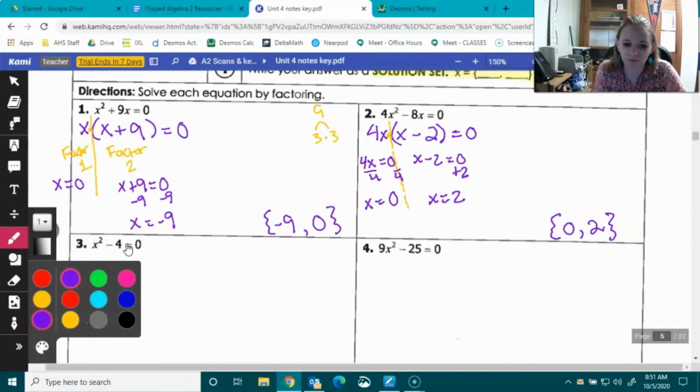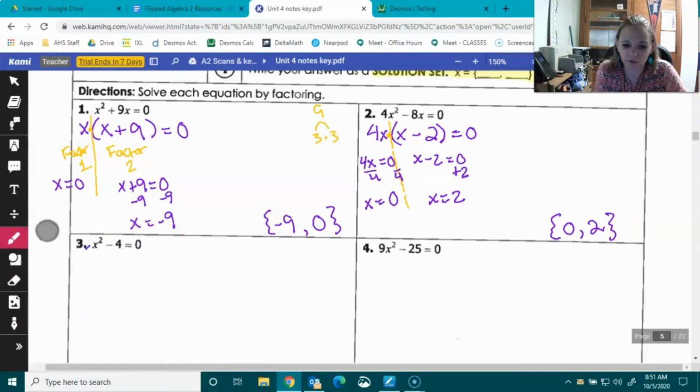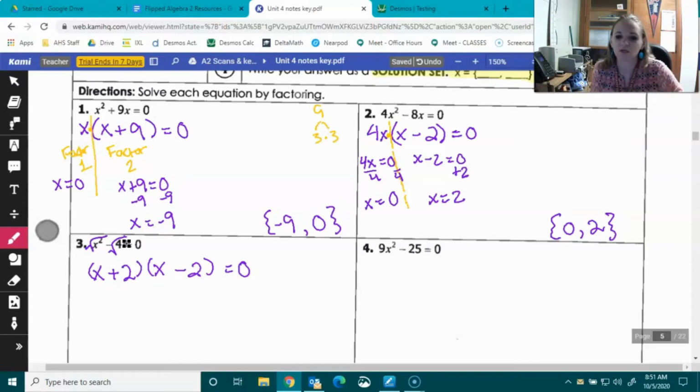So this one can be a square root, and this one can be a square root. So the two terms will be the square root of that variable, which is x, and then the square root of 4 is 2 and 2. And to bring out your negative, you have to have different signs. So plus, minus. This is one you just got to engrave in your brain every time you see it. X squared minus 4 is really x plus 2 times x minus 2.